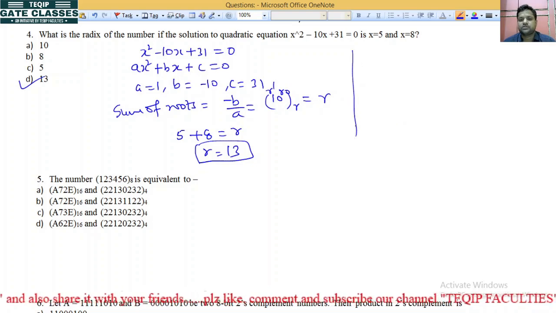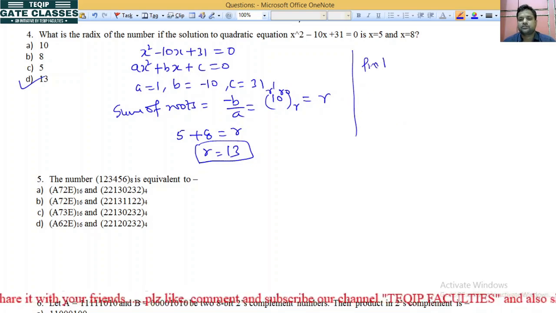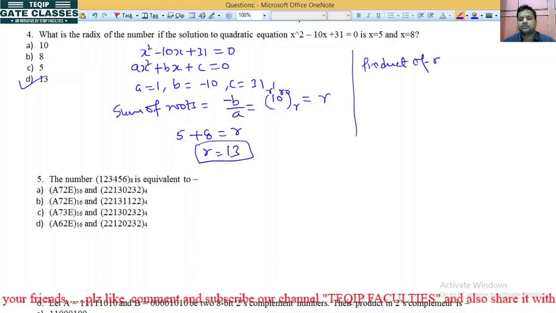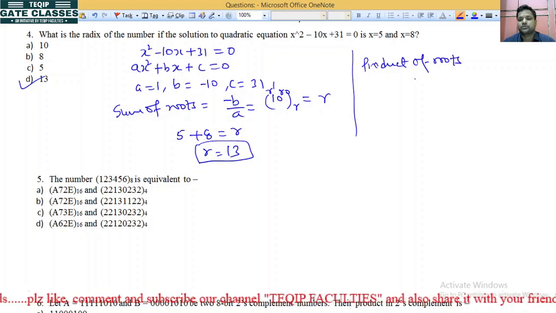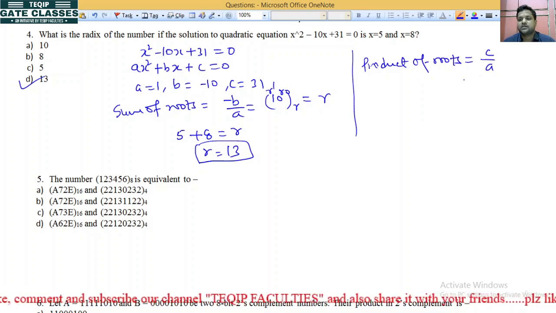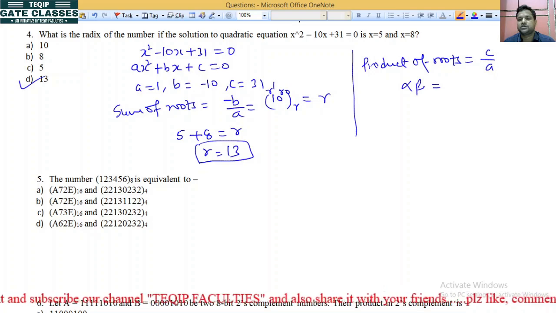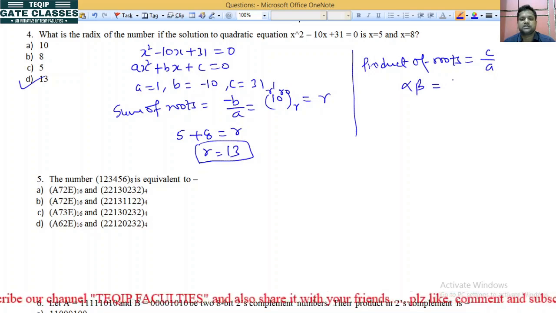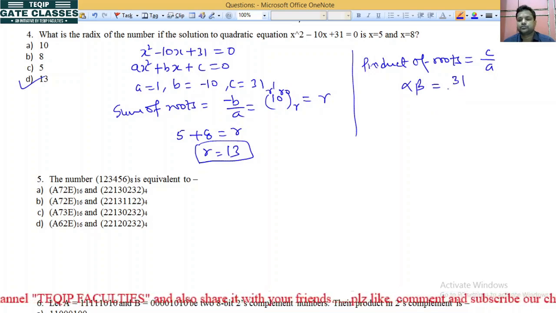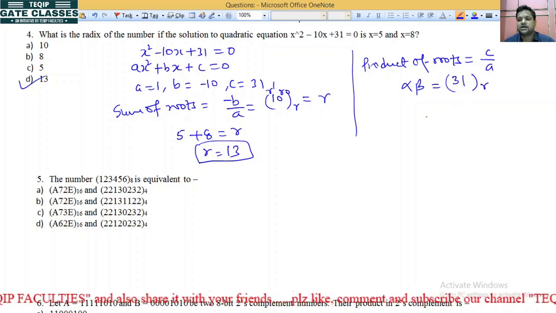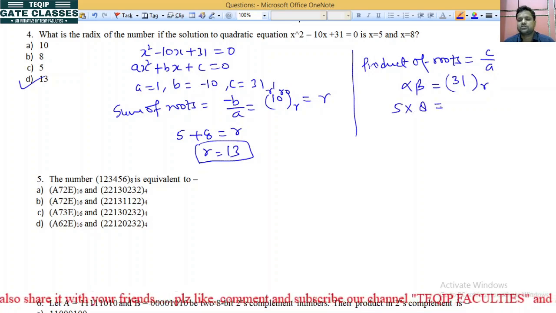If you want to verify, you can verify with the product of roots. Product of roots is equal to c by a, alpha into beta equal to c by a. C is 31 with base r, and the product is 5 into 8.